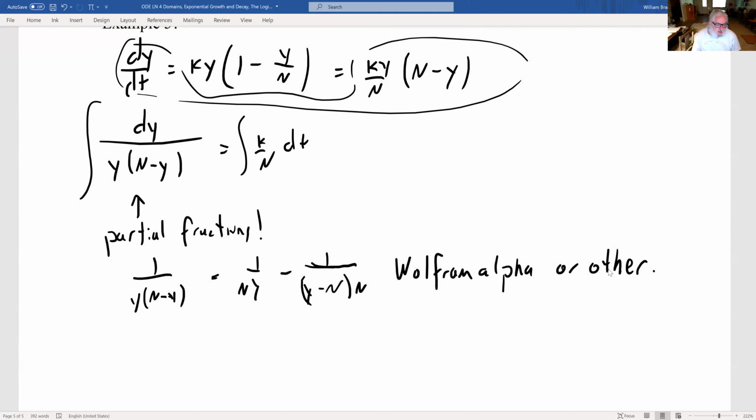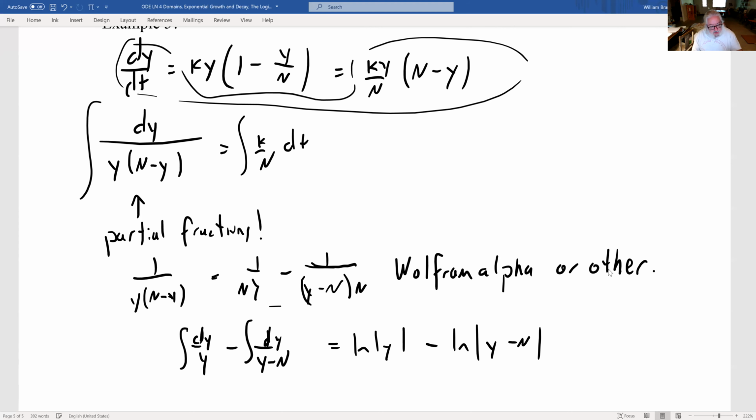Because if you're going to integrate this, you're going to end up integrating 1 over y minus 1 over y minus n dy, because that's your partial fraction decomposition, and that's going to give you logarithm terms. And then you have to wrestle with the logarithms and the signs to get everything to work out.